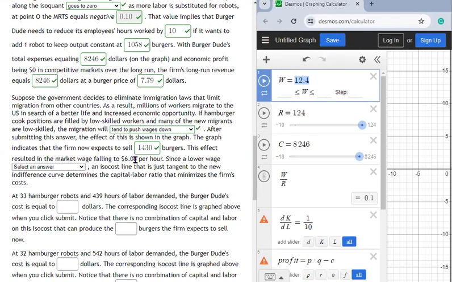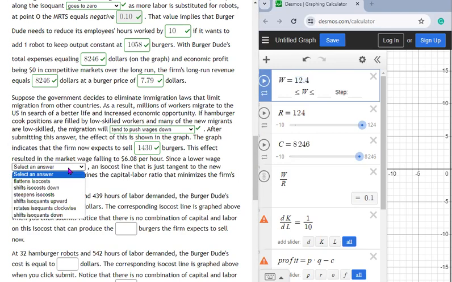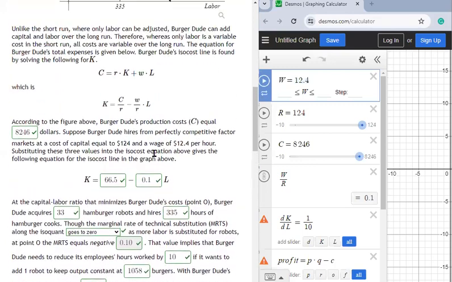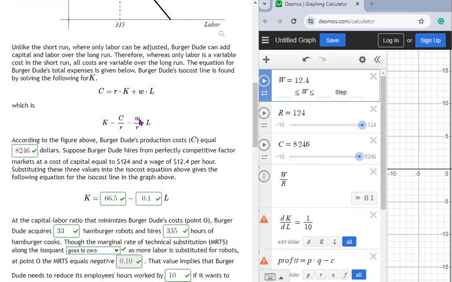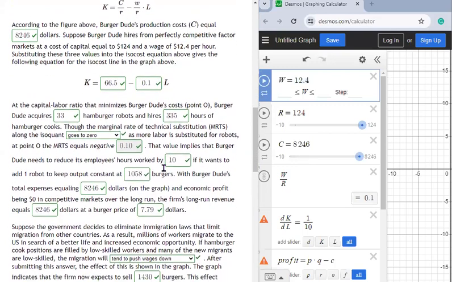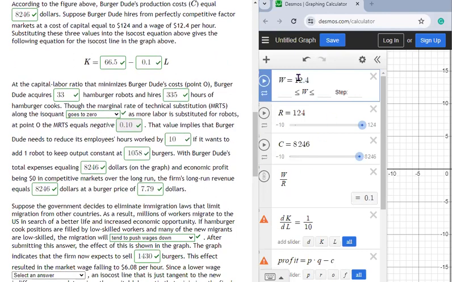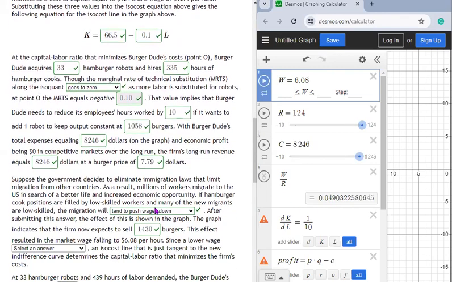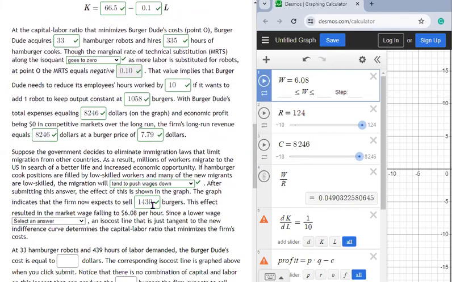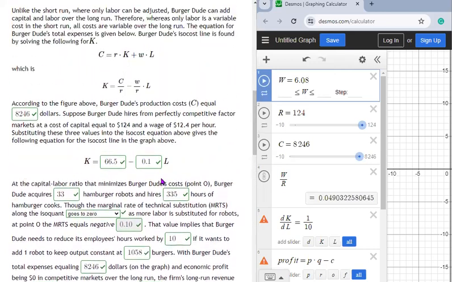Now, since the lower wage does what? The lower wage does what to our isoquant? Our new wage is $6.08. So I'm going to change this to $6.08 an hour. What happened to our slope? Our slope is now 0.05 or 0.049, right? So our slope is a lot lower.